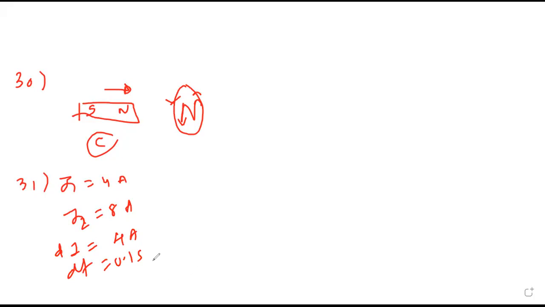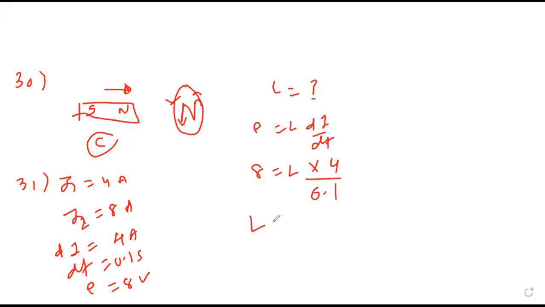If EMF induced is 8 volt, find the self inductance. So E is L di upon dt. Therefore 8 equals L into 4, I have taken only the magnitude, upon 0.1. So L is 0.8 upon 4 equals 0.2 Henry.